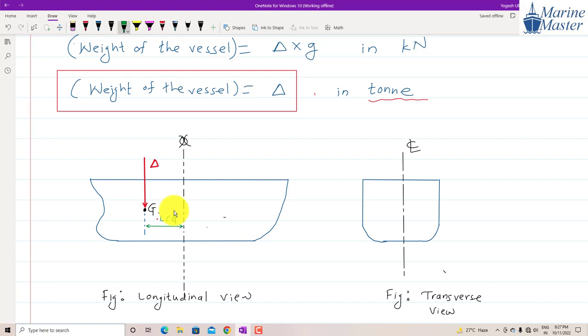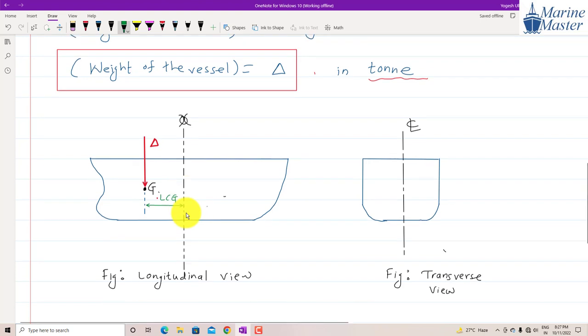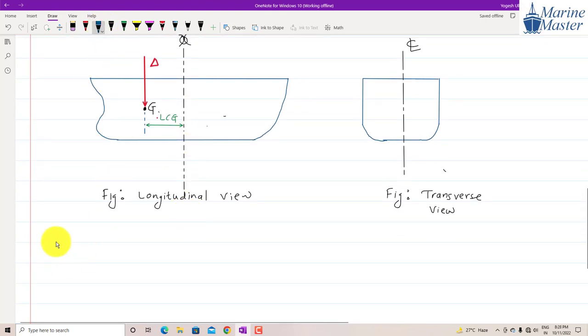What is meant by LCG? LCG means longitudinal center of gravity, and it means the position of G with respect to midship in longitudinal direction. I am going to write down the meaning of LCG.